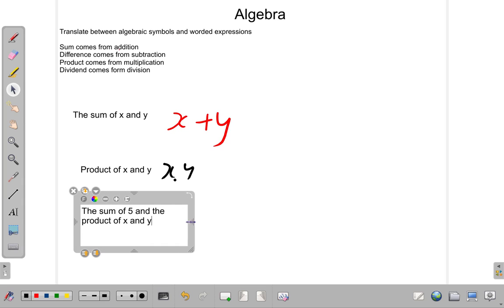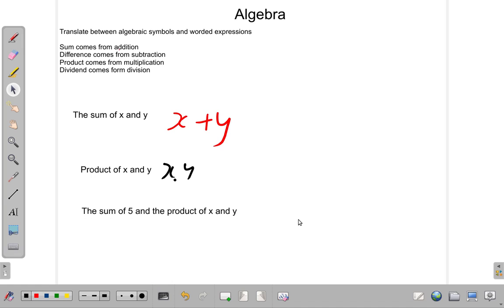How do I deal with that? We're looking at two things here, 5 and the product of x and y. Now, what is the product of x and y? We saw before that it is xy.